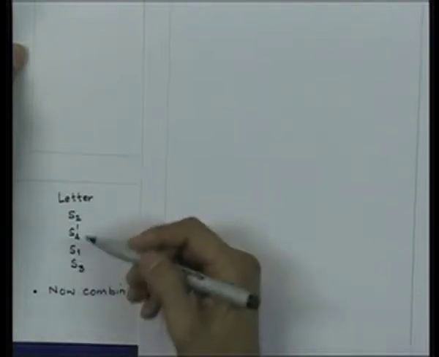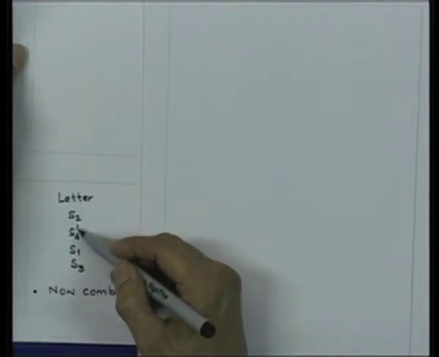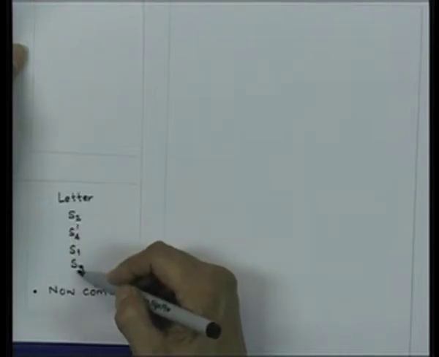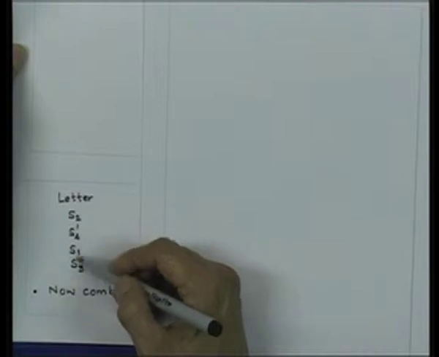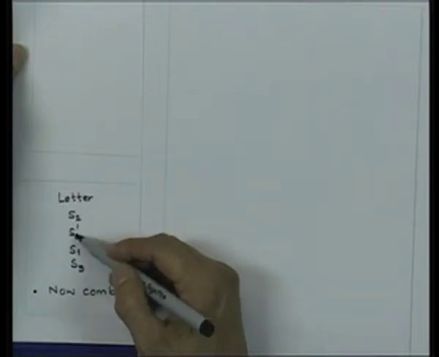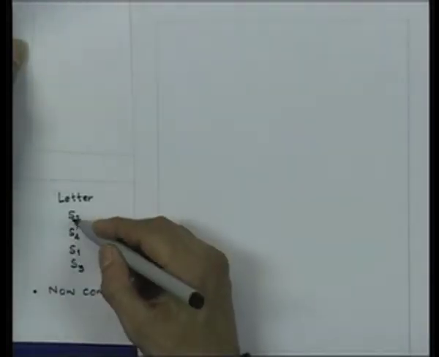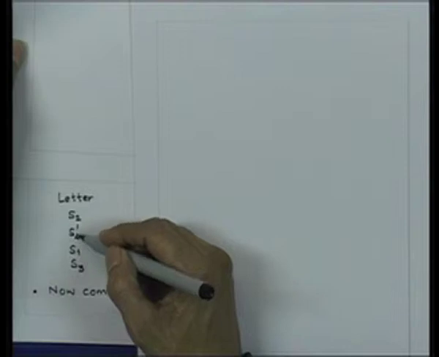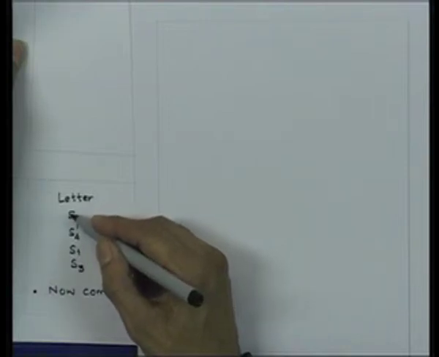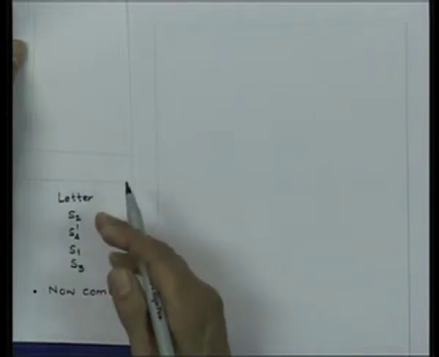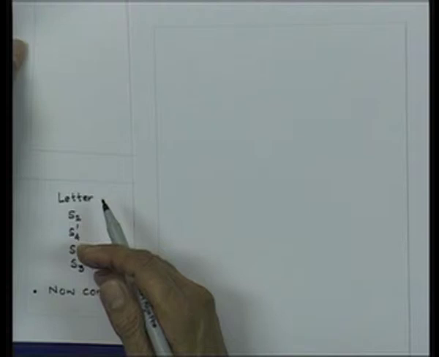Now, instead of placing S4 dash at the bottom of the list, we will try to place the S4 dash at the top of the list. This is what I mean by resorting of the list consisting of the symbols obtained for the reduced alphabet at every stage of the Huffman procedure.